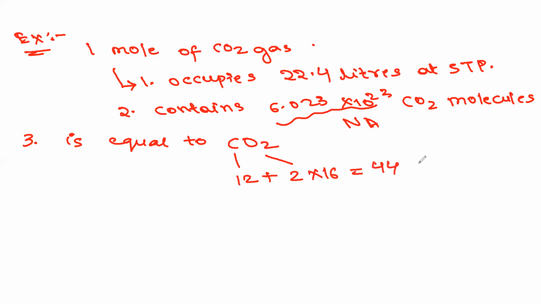So total it is 44 grams. If the molecular weight is expressed in grams, it is called gram molecular weight. So 1 mole of carbon dioxide occupies 22.4 liters at STP, contains 6.023 × 10^23 carbon dioxide molecules and is equal to 44 grams. So this is called application of mole concept.